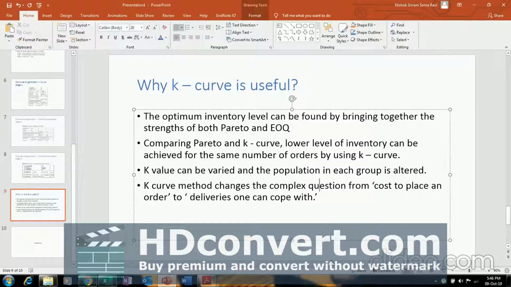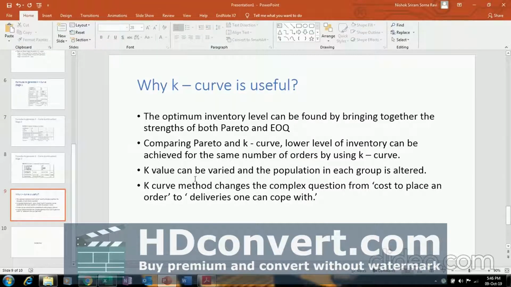One more reason for using the K curve is that the value of K can be varied depending upon the companies and the situations. The K curve method also changes one important question from cost to delivery. Like, what is a company's cost to place an order? That is a complex question to answer.